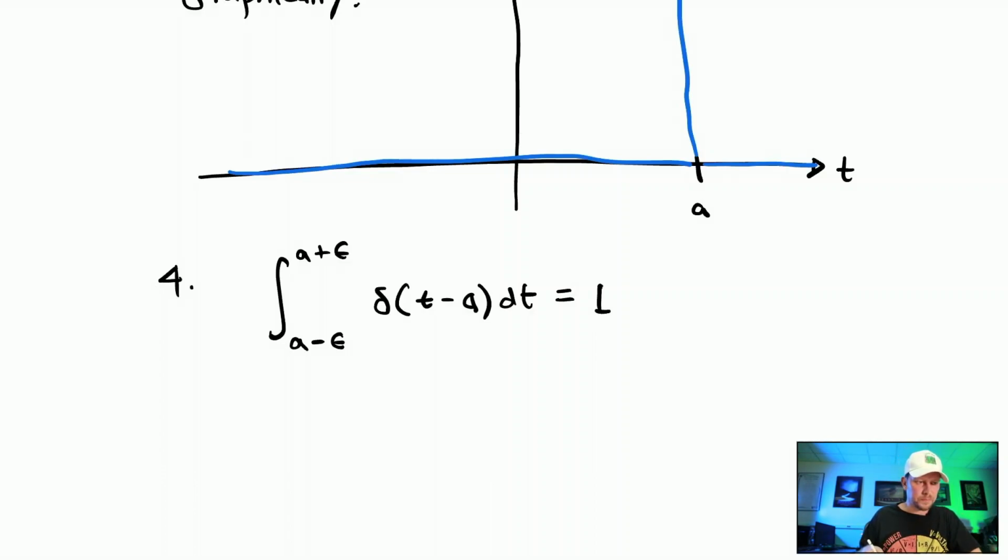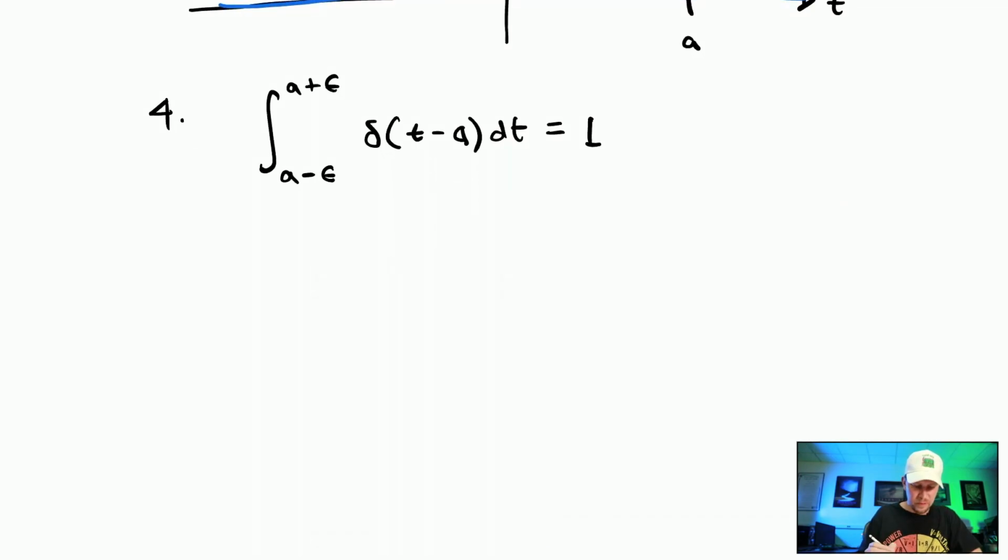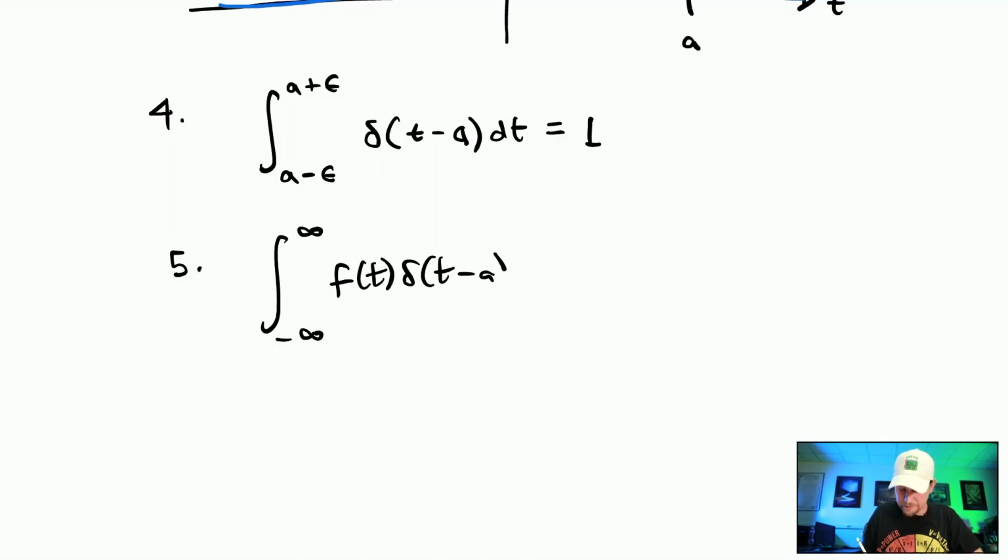We can also do the integration with some sort of function multiplying it like this. Just as we argued previously, this portion is going to be 0 except when t is equal to a.